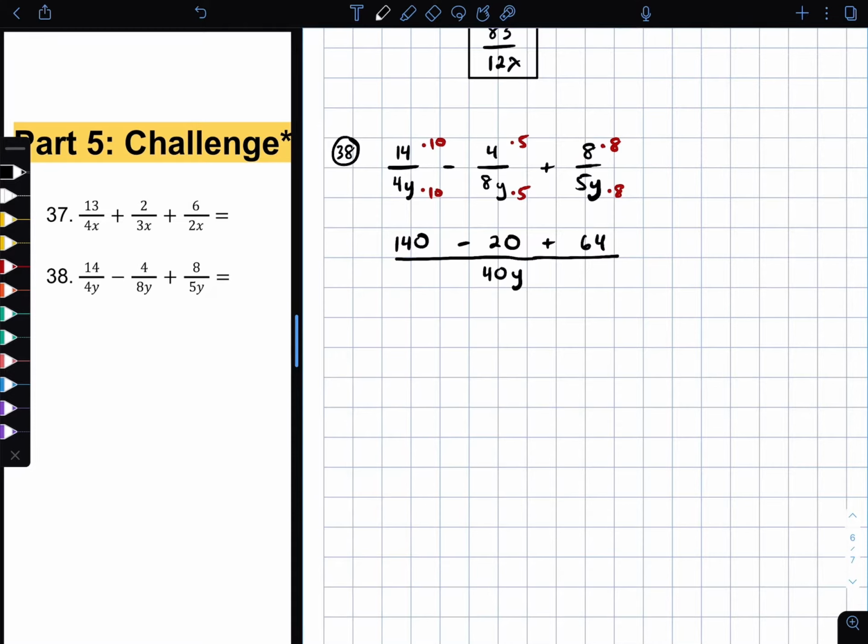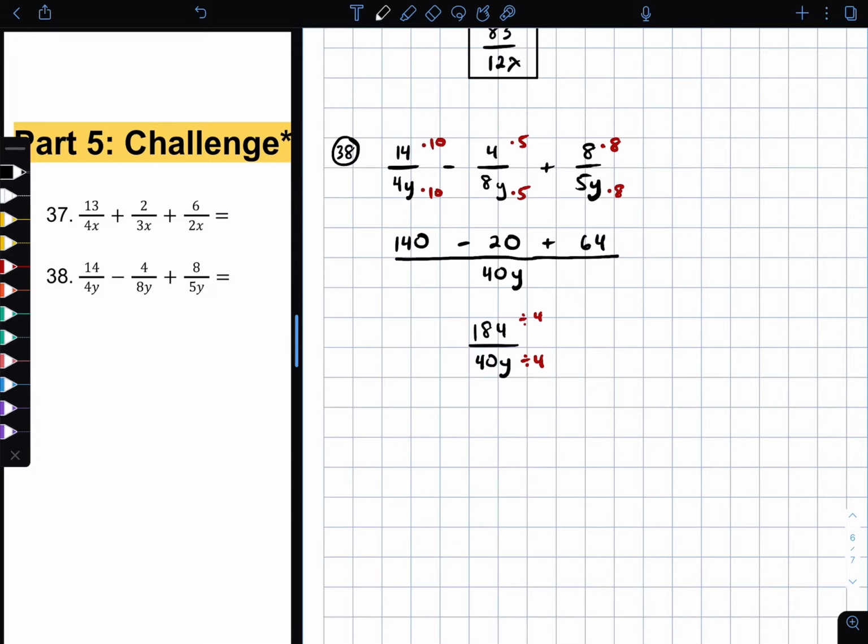Okay, and so 140 minus 20 is going to be 120. 120 plus 64, I think that's going to be 184. So it's going to be 184 over 40y. I think a common factor I can use is at least 4, to begin. Divide these both by 4. 184 divided by 4 is 46.